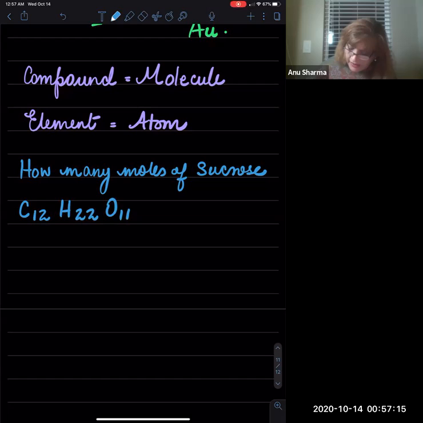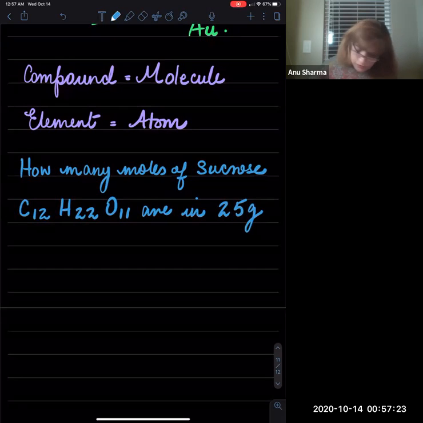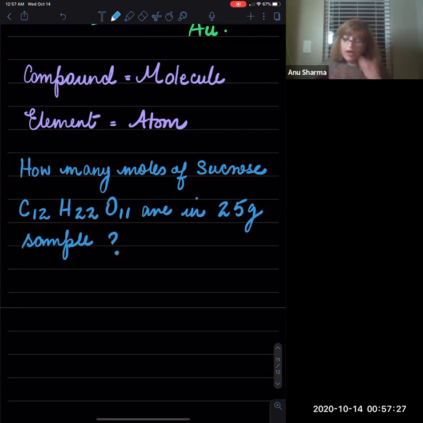How many moles are present in a 25 gram sample of sucrose? How many moles of sucrose, C12H22O11, are in 25 grams of that sample?